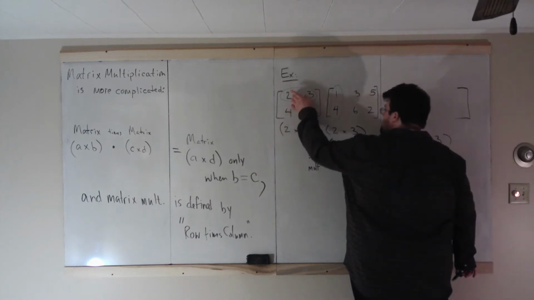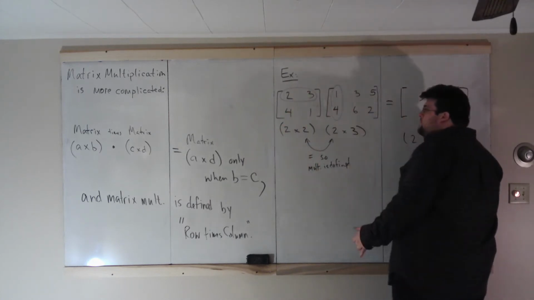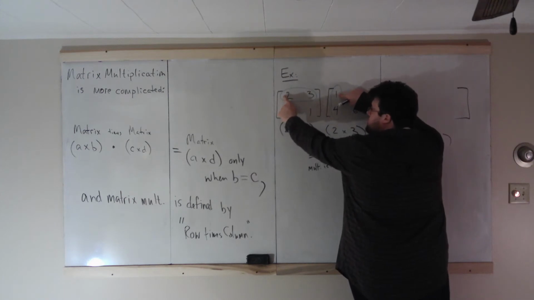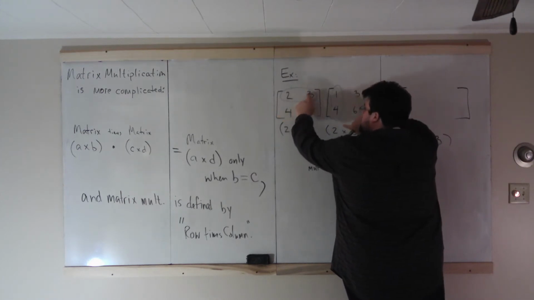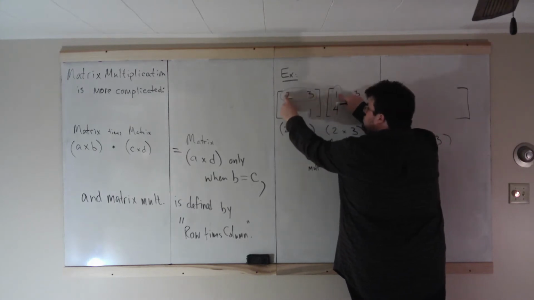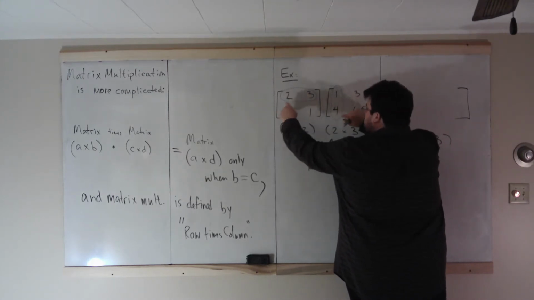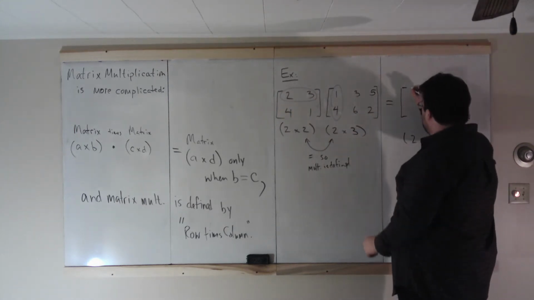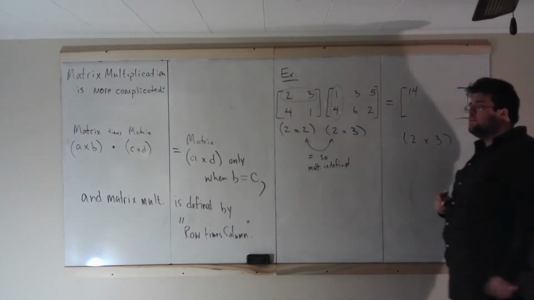But here, 2, 3 and 1, 4, how do we do it? First entry times first entry is 2. Second entry times second entry is 12. 2 plus 12 gives us 14.